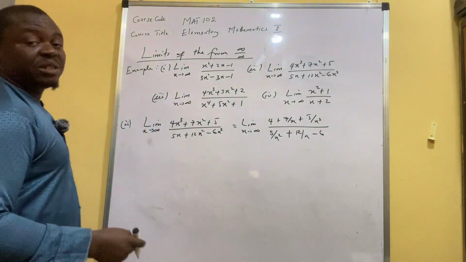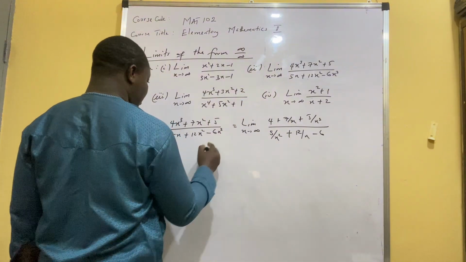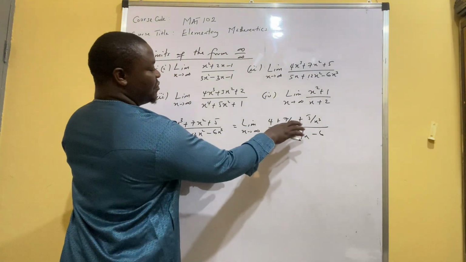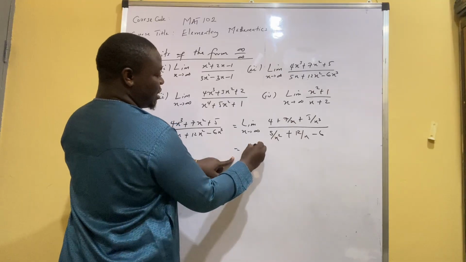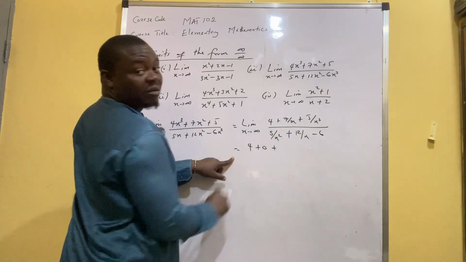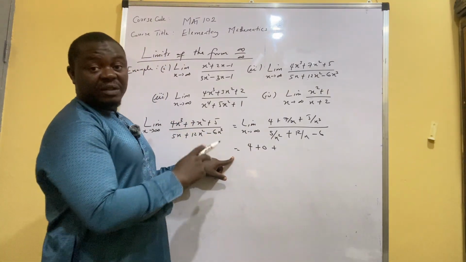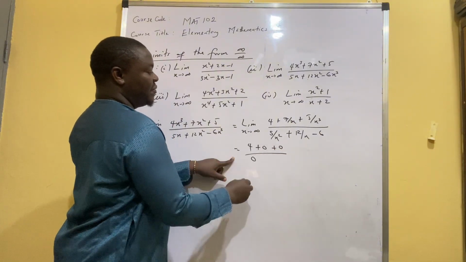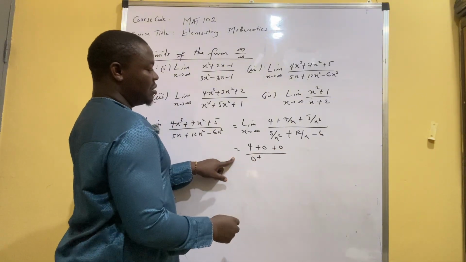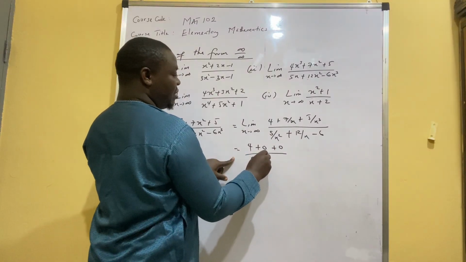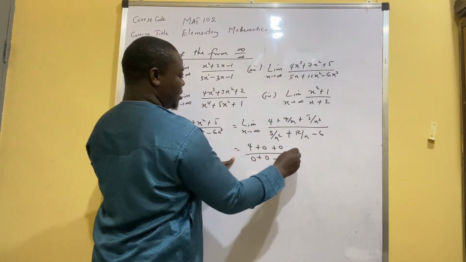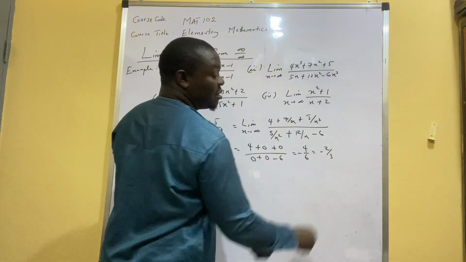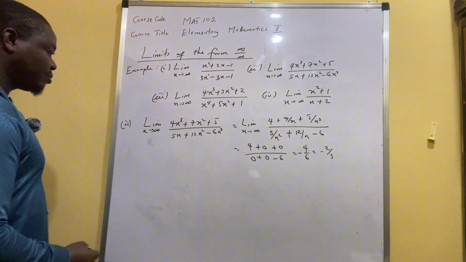Substituting infinity, 4 is just a constant term, 7 over infinity gives 0, 5 over infinity cubed gives 0, divided by 5 over infinity squared, which is 0, plus 12 over infinity, 0 as well, then minus 6. This simplifies to 4 over minus 6, which equals minus 2 over 3.